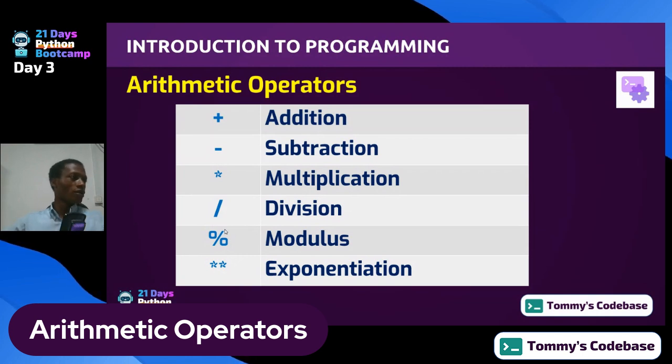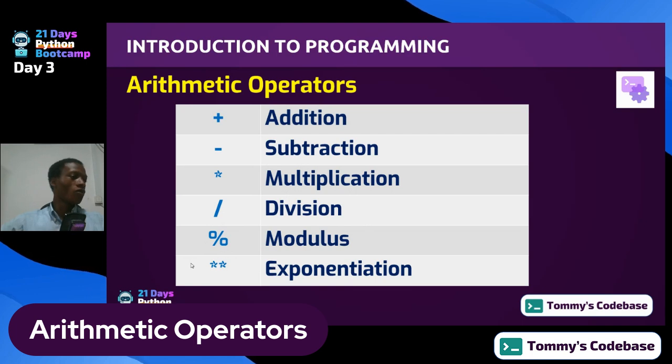Does it give you the remainder, or does it give you the whole number part? I've really forgotten about that one. I think it does give you the remainder, because if I say 10 mod 3, that should give me 1, because that's the remainder after 3 goes into 10 3 times. Yeah, so it does give you the remainder of the division.